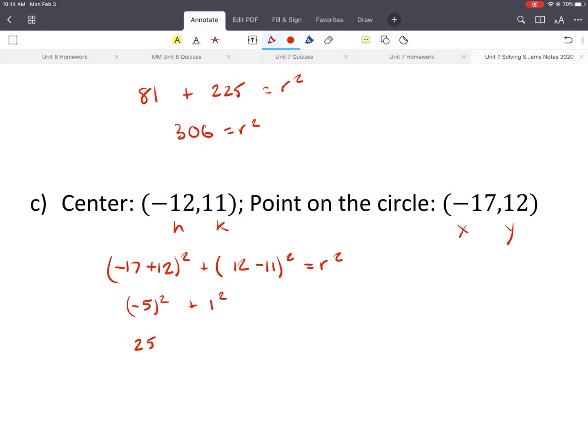Gives us 25 plus 1, which gives us 26 is radius squared. Okay, and then we'll plug it all in except for the x and y. So we'll have x plus 12 plus y minus 11 equals 26.